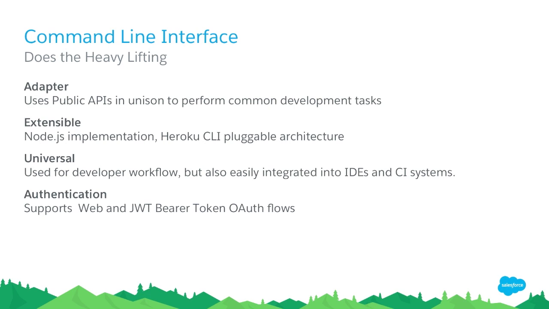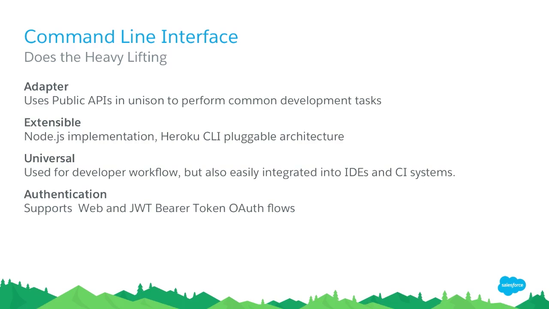The CLI is universal. We've been looking at it within the workflow of a developer and how a developer might utilize it. But it can be embedded into IDEs. It can be integrated and scripted into CI systems. It can be utilized in all sorts of different manners. It gives you that consistent API to those common developer tasks. And lastly, the CLI provides a common authentication mechanism.